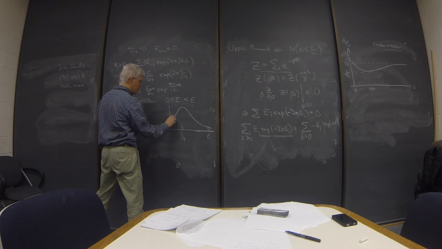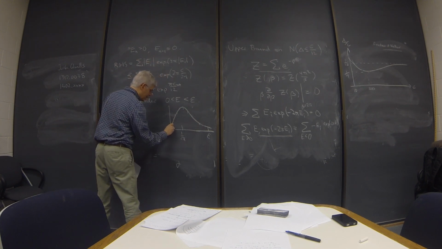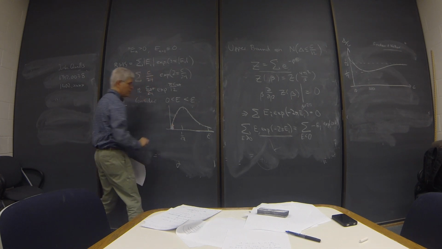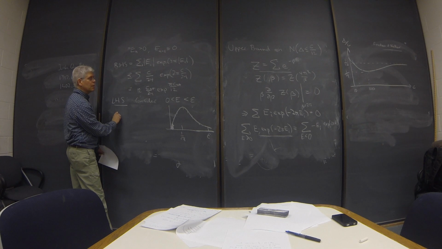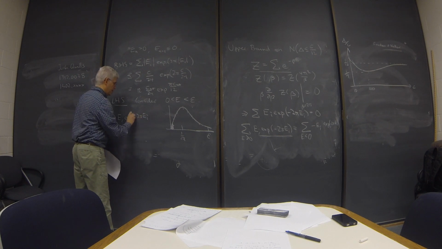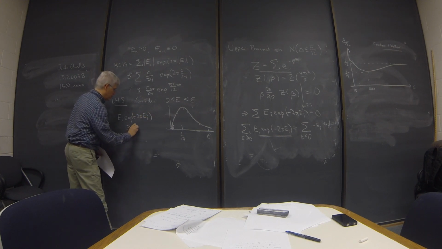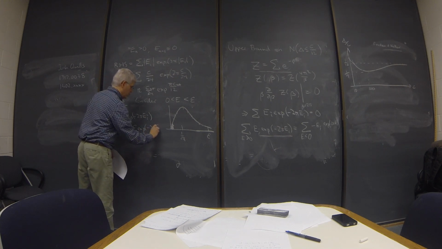Okay, so every term in that sum, except for this tiny little bit here, has e to the minus 2 pi E, which is going to be greater than or equal to e to the minus 2 pi curly E. Right?